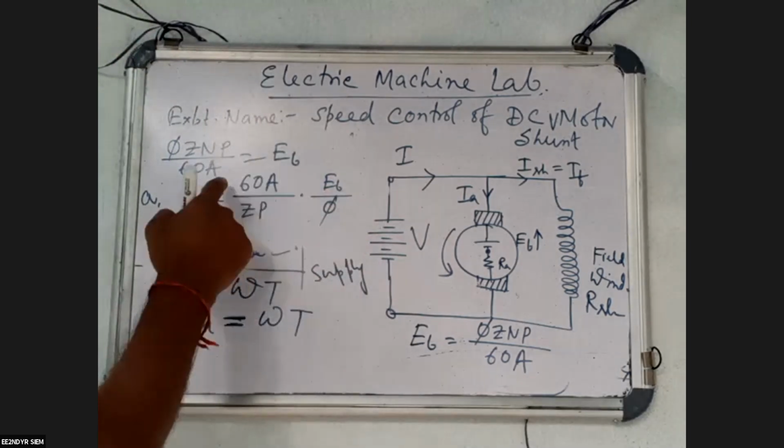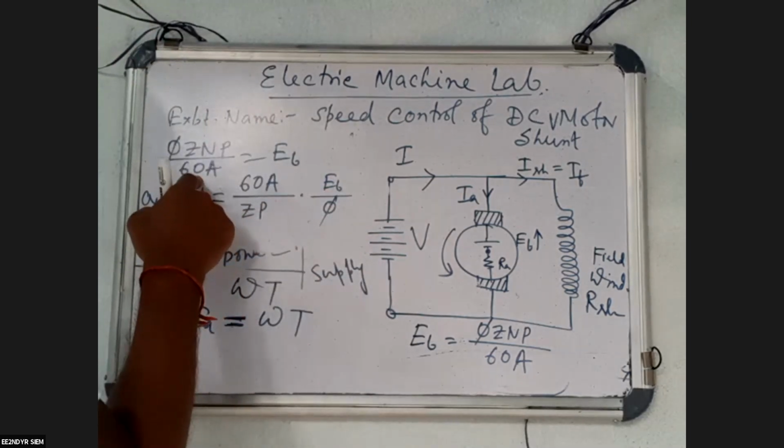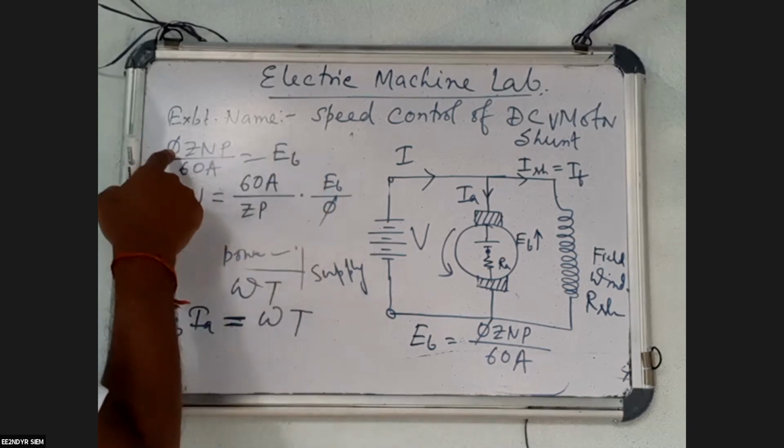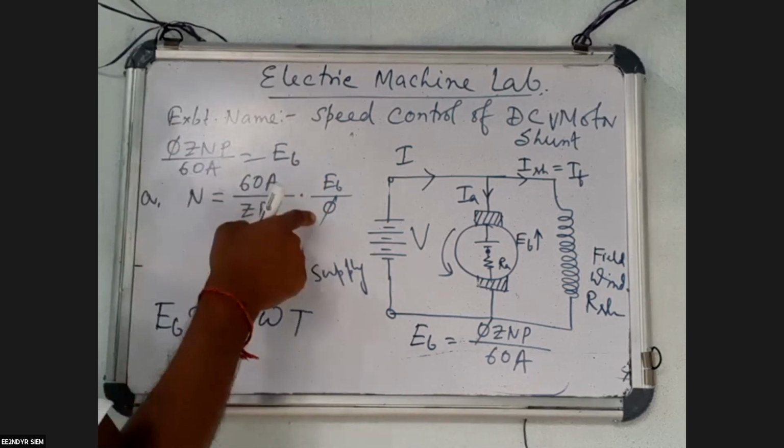Now see here, N will be equal to 60A into EB by ZP into φ.